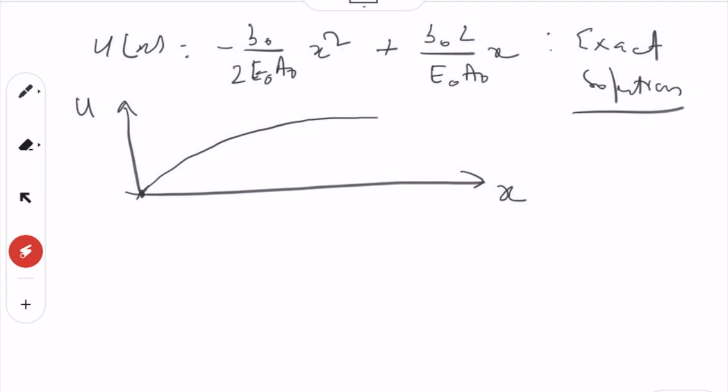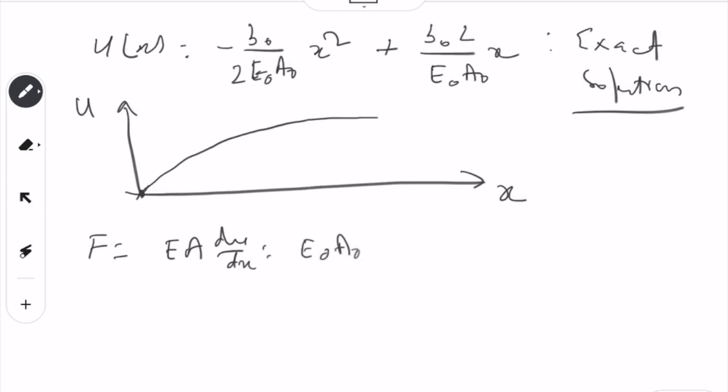So, we have du. Force, as we know, is equal to E A du over dx, and we have E naught A naught multiplied by minus B naught over E naught A naught x, right, plus B naught L over E naught A naught.